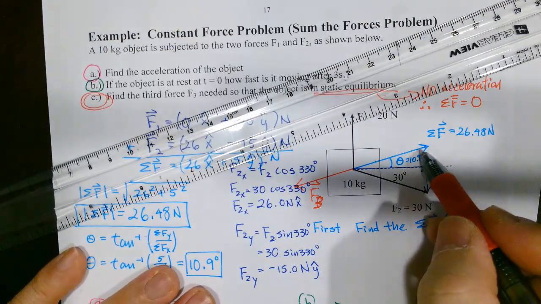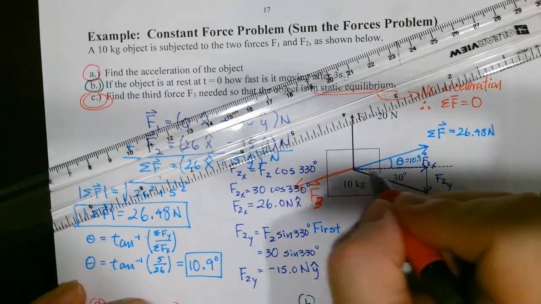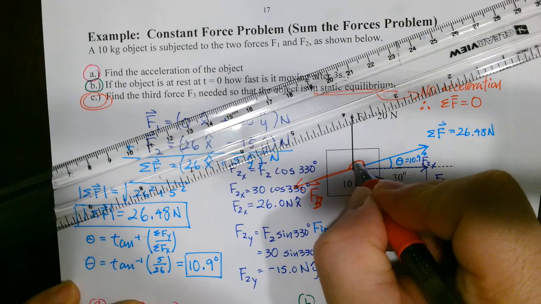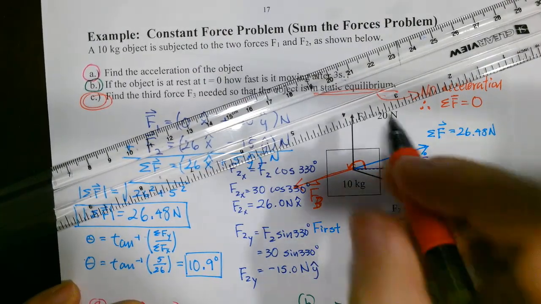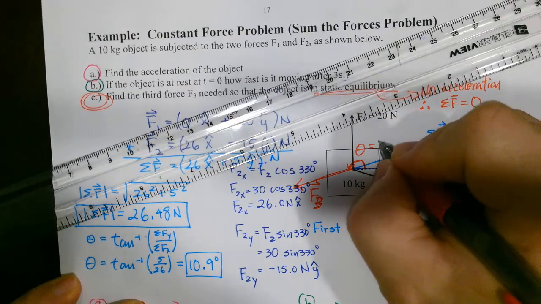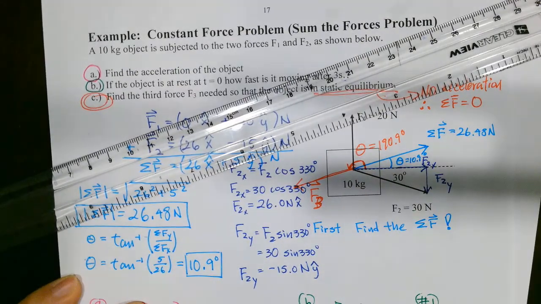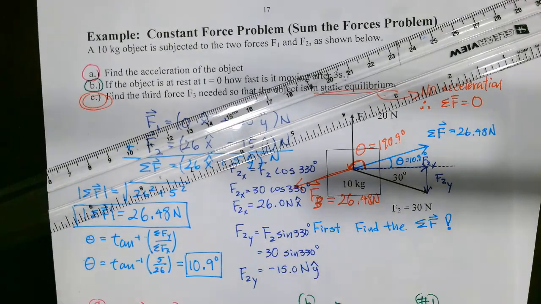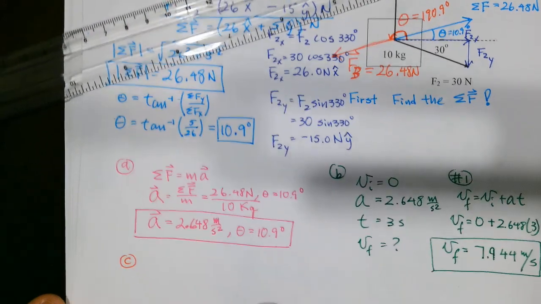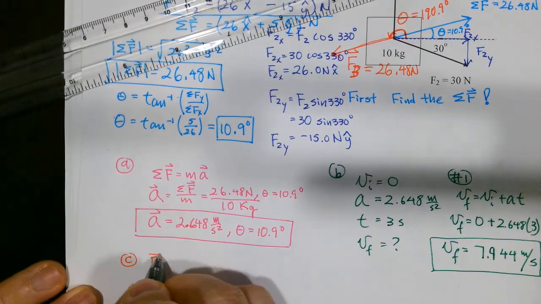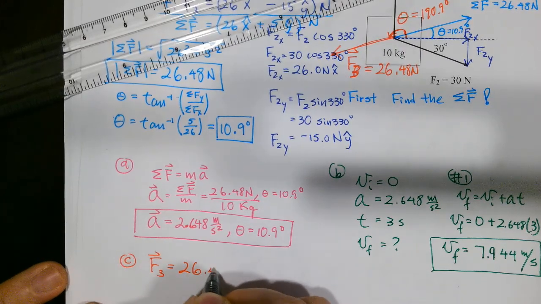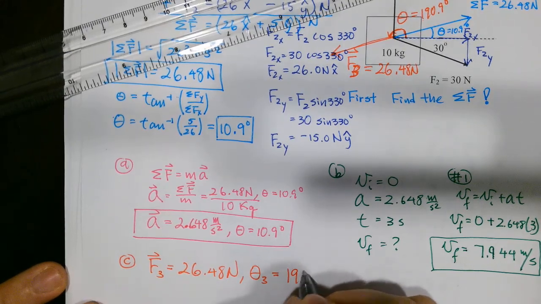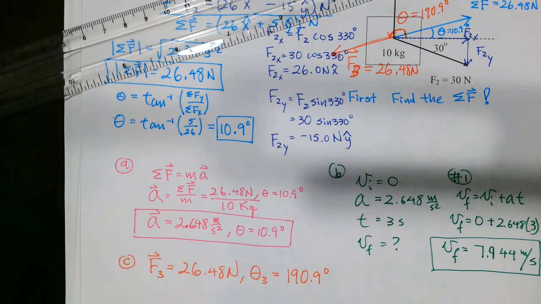So the angle from here to here should be 180, so the total angle should be 180 plus that. So theta should be 190.9 degrees, and F3 should be 26.48 newtons. So my part C, F3 should be 26.48 newtons, comma, theta 3 should be 190.9 degrees.